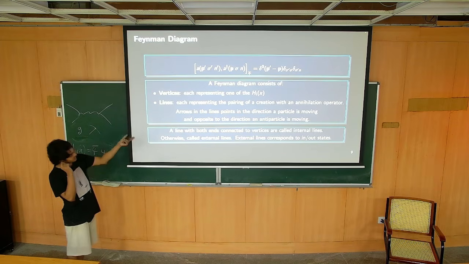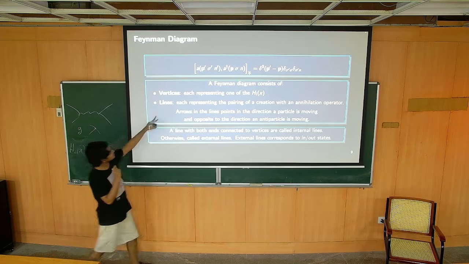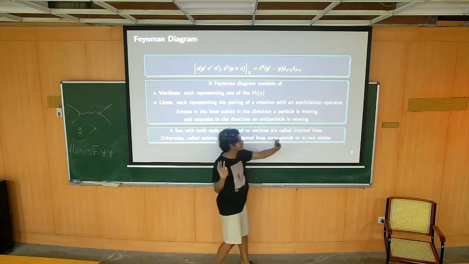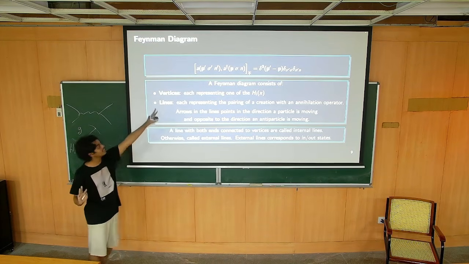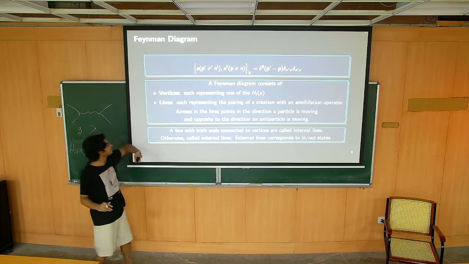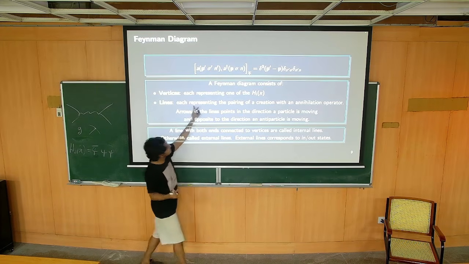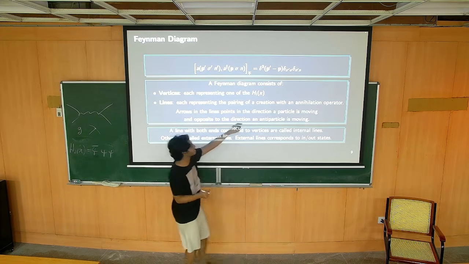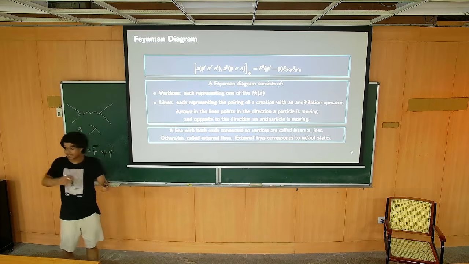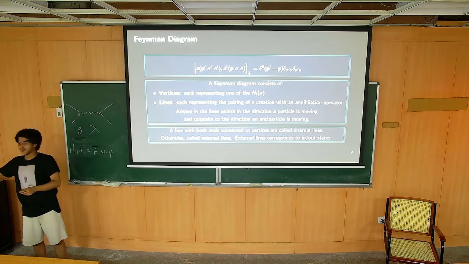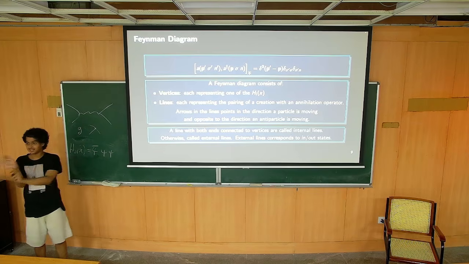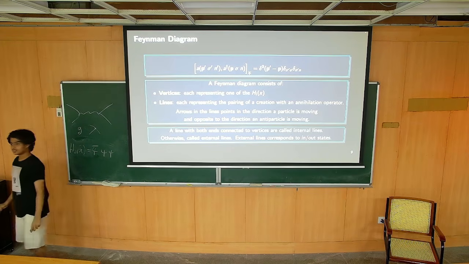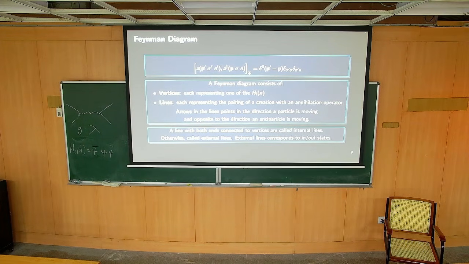And it will have lines representing, so ignore this part. This comes from my computation, those commutation relations. It's a creation or annihilation operator. What it does is create a particle, make it go, and annihilate it at the vertex, or for an antiparticle the other way. How does creating a particle and then removing it amount to nothing?